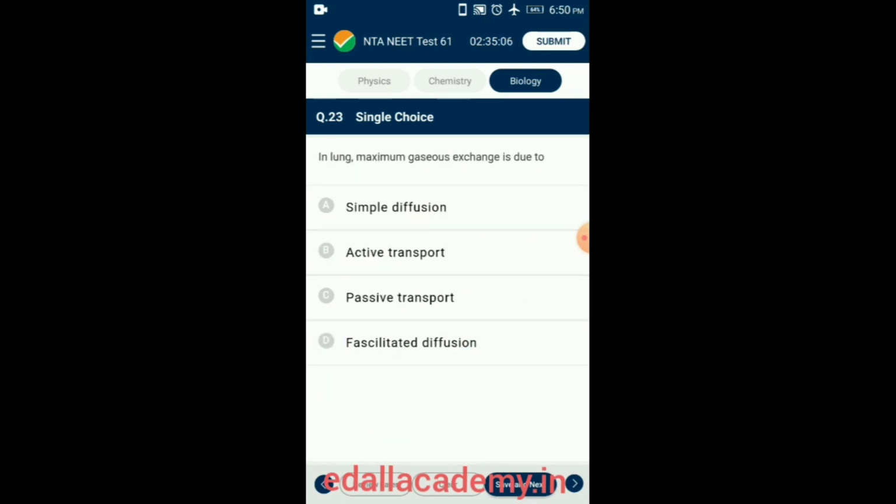Question number 23. In lung, maximum gaseous exchange is due to, gaseous exchange between blood, that is dissolved phase, and alveolar air, gaseous space, across the respiratory membrane occurs by simple diffusion.